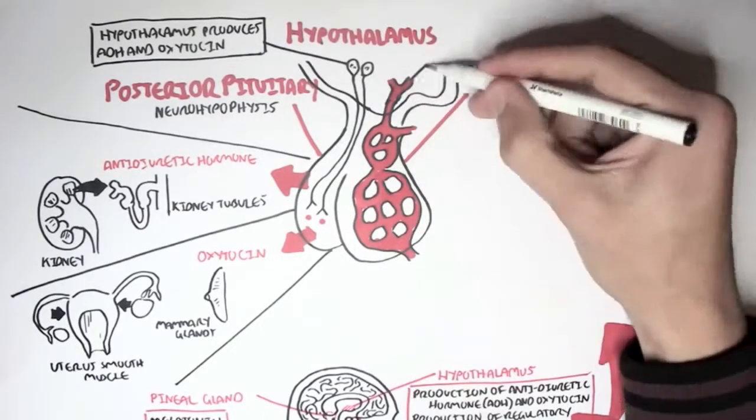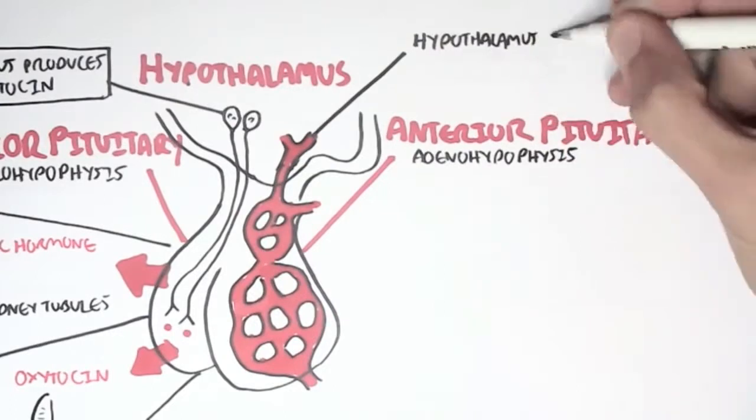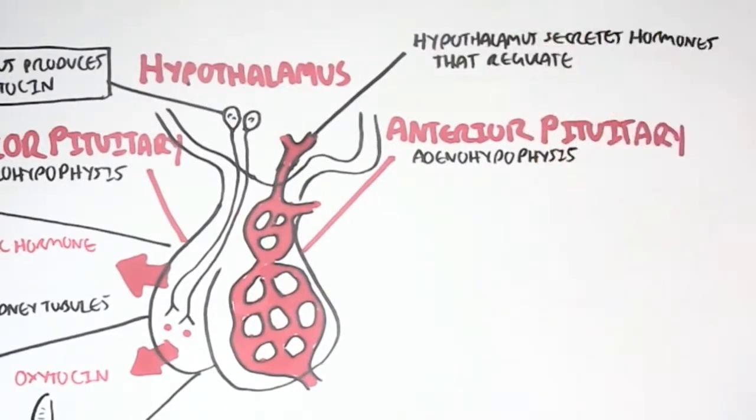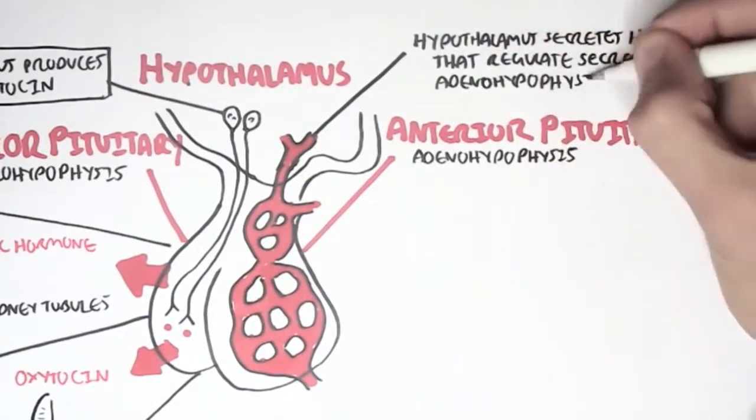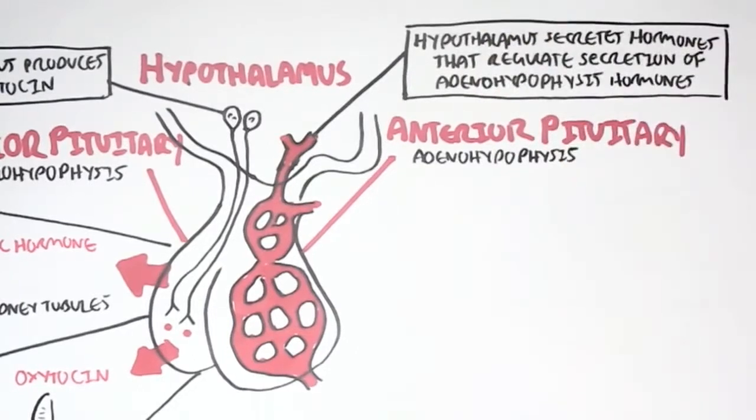So the hypothalamus actually will secrete hormones that will regulate the secretion of the anterior pituitary hormones. The hormones secreted by the hypothalamus are known as regulatory hormones, and these regulatory hormones, once they are secreted, will cause either stimulation or inhibition of the anterior pituitary hormones being secreted.